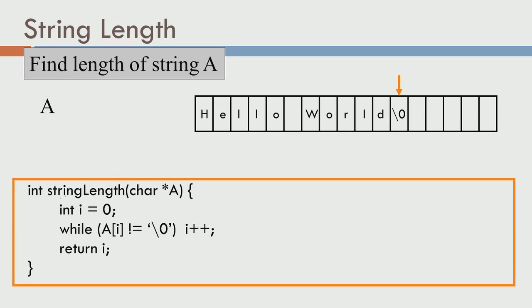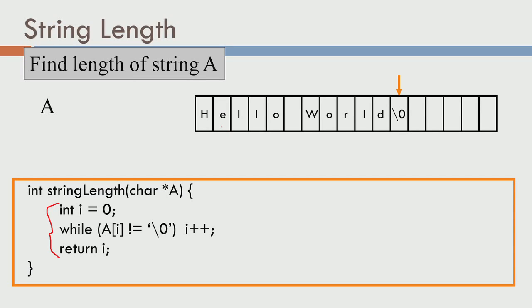I am initializing i to 0 and there is a while loop that keeps checking while a of i is not equal to \0, i plus plus. When i is 0 it points to h, a of i is h, and this is not equal to \0, then i is incremented.